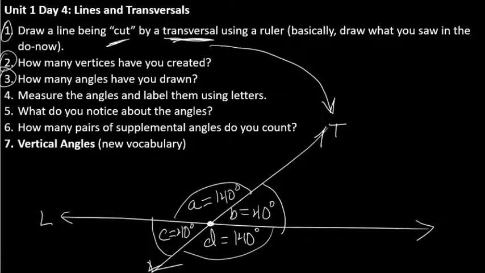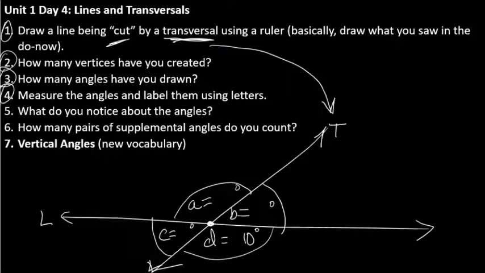And you'll notice this pattern when you actually draw this out. Maybe when you draw yours out, it won't measure 140 and 40. Maybe yours will measure different, and that's the point. You need to not draw it exactly how I did. Draw it however you did and see what it measures out to.